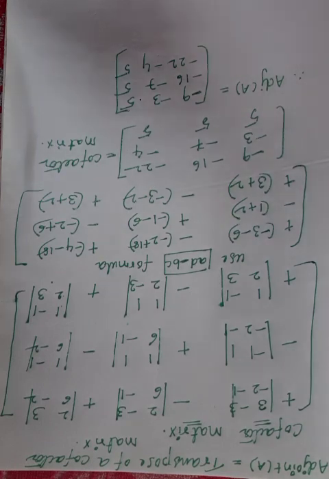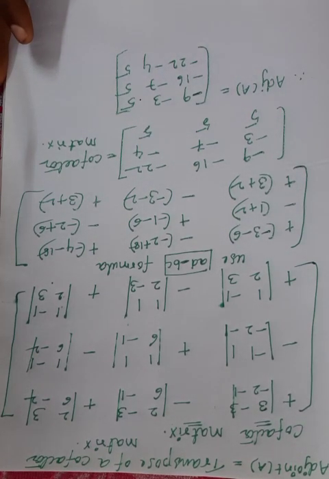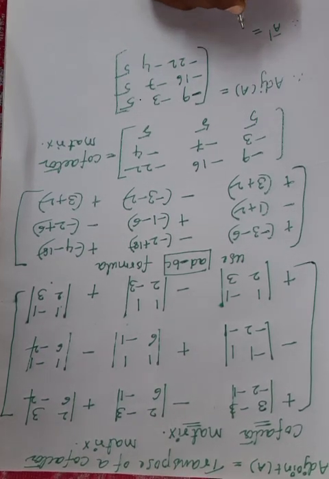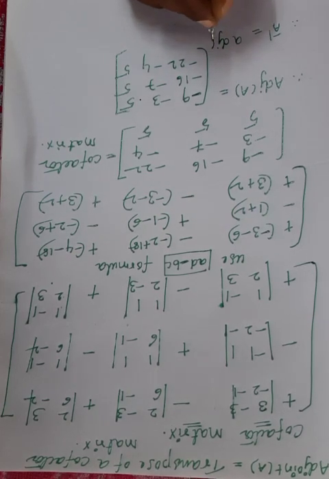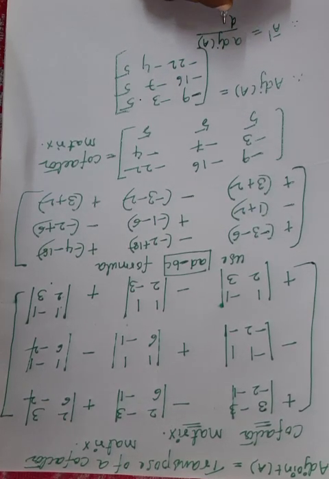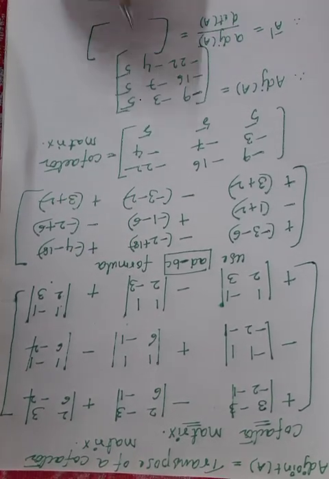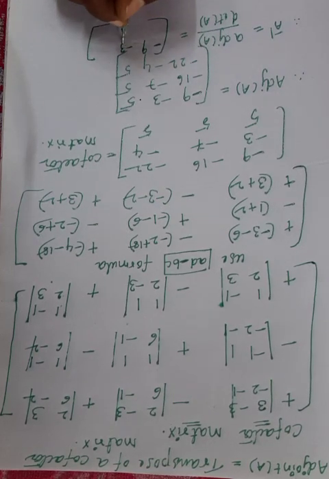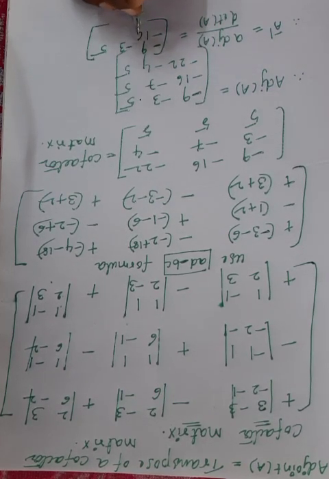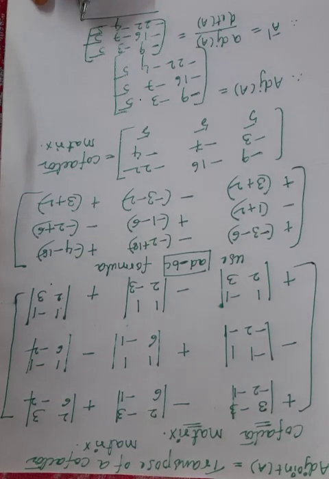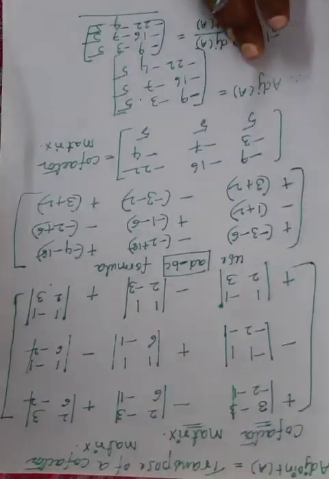Therefore, after finding the adjoint and also the determinant, we have to divide the adjoint of A by det of A in order to get A inverse. Therefore, A inverse is equal to adjoint of A by det of A. So, minus 9, minus 3, 5, minus 16, minus 7, 5, minus 22, minus 4, 5 divided by the det value, which is minus 15.